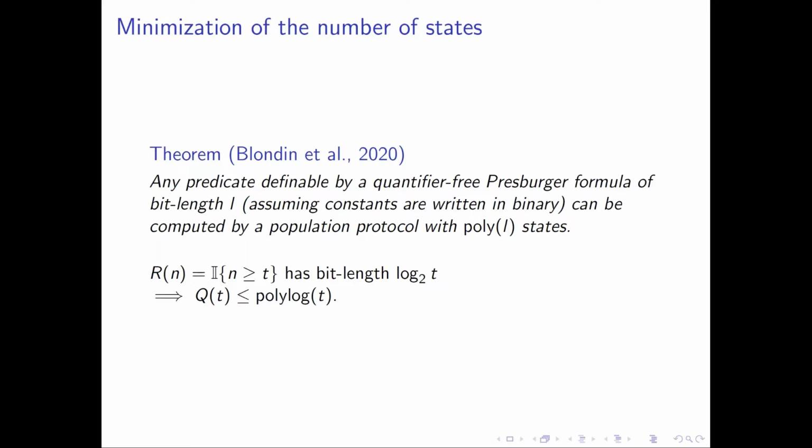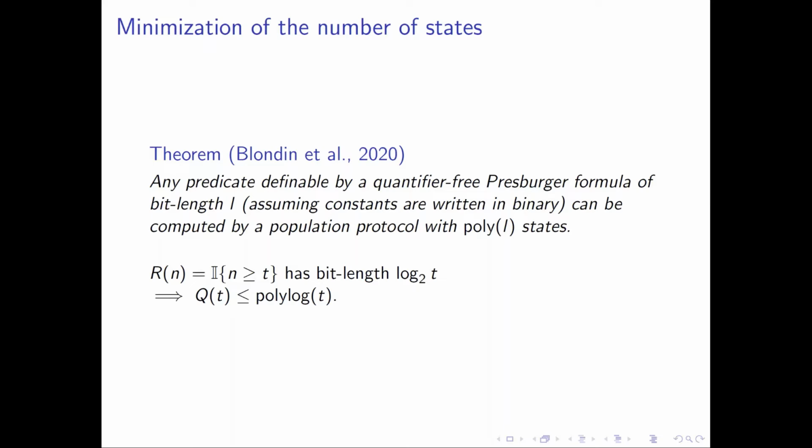And if then the length of all of this is L, the bit length, then this formula defines some predicate, and it turns out that this predicate can be computed by a population protocol with poly of L states, with polynomially many states in L.